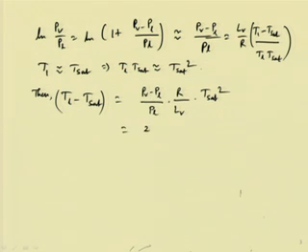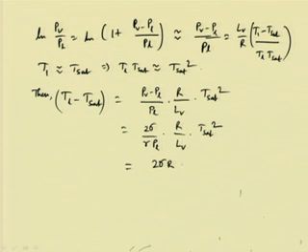So, we will get twice sigma by r into PL, into R by Lv into T sat square. So this is approximated as twice sigma into R into T sat square by r into PL into Lv.